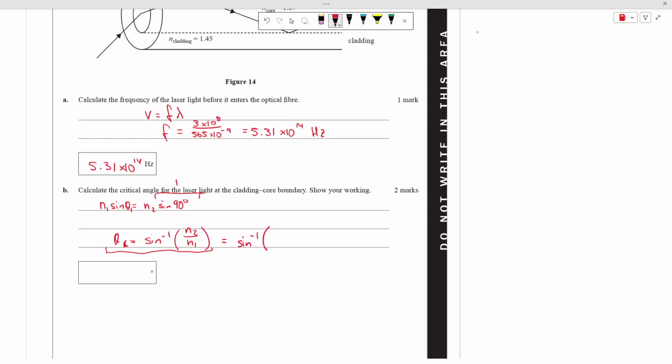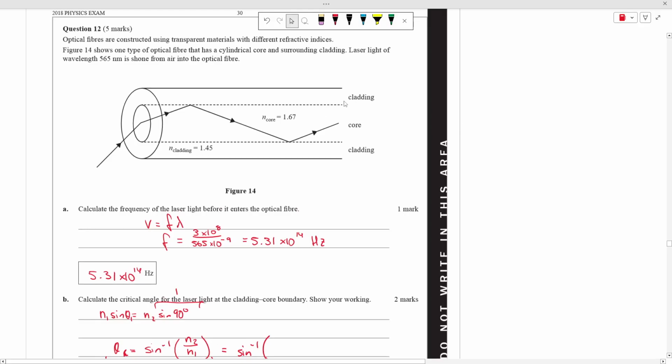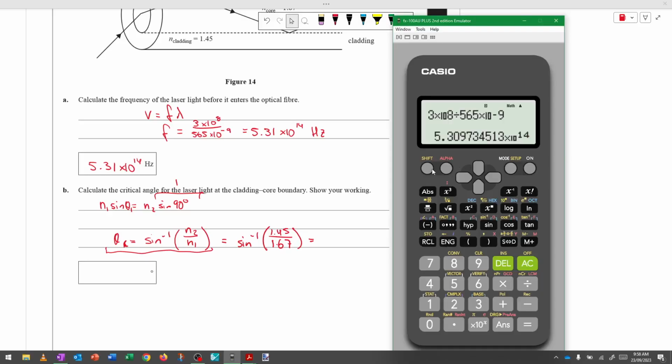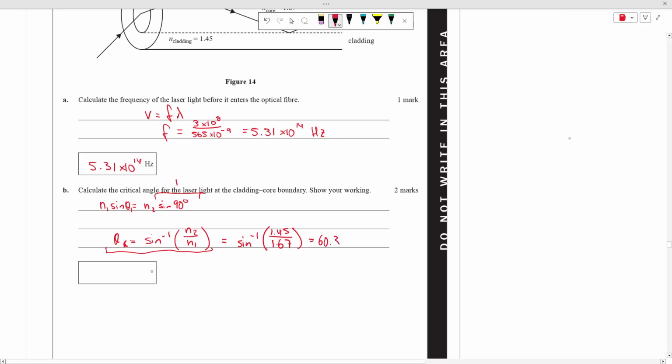So n2 is where we're going, which is the cladding, so that's 1.45. And n1 is where we're coming from, which is the core, 1.67. And we get 60.3 degrees.